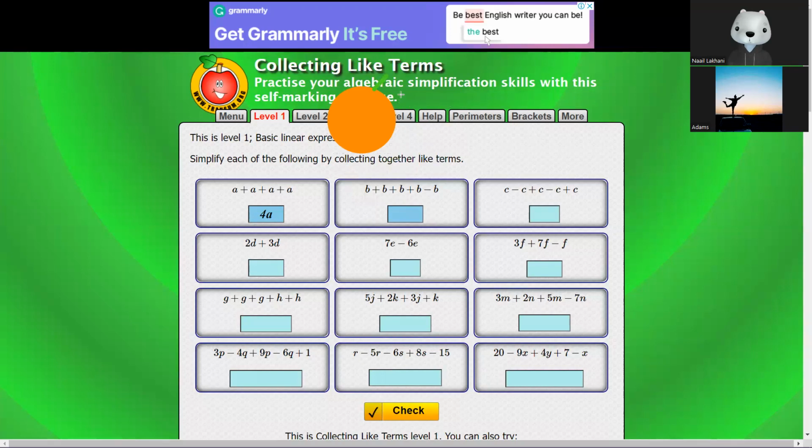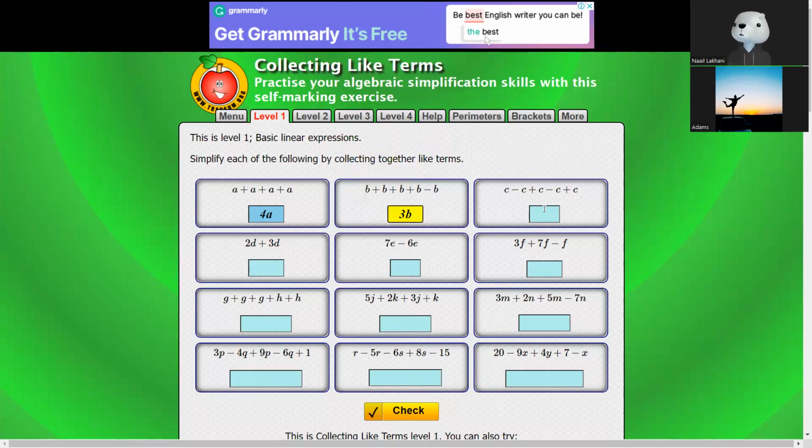So you have this orange times 4, and you take away 1 orange. How many oranges would that be? 3 oranges, right? So you would write 3B. It's as easy as that.